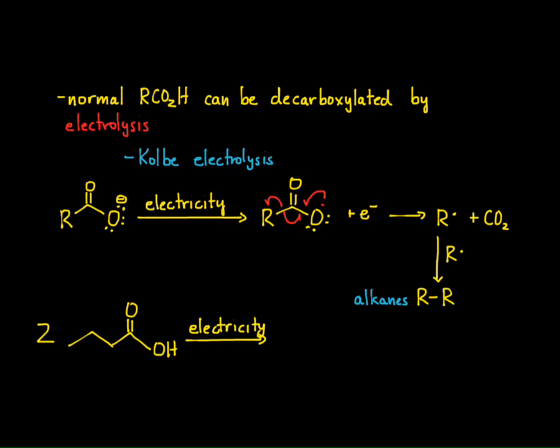So I'm losing one carbon from my chain. Two of these are going to react, so I have a 3-carbon chain that reacts with another 3-carbon chain, and in the process I get a 6-carbon chain. So I produce hexane in this reaction.